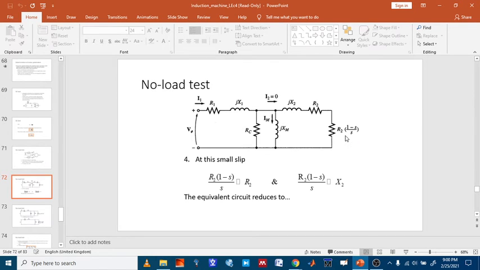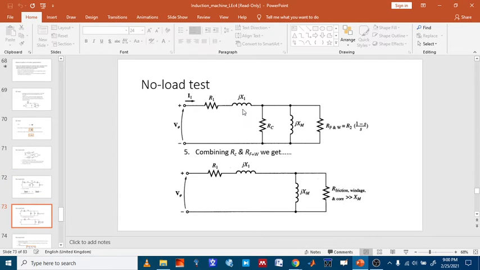So because of this small slip, do you get it? Because of the no load, the slip will be very small, because the motor will be running at a faster rate, closer to the synchronous speed. Therefore, the difference in speed will be very small. Because of that, the impedance here will be far greater than R2 and X2. Therefore, we can just ignore these sections.